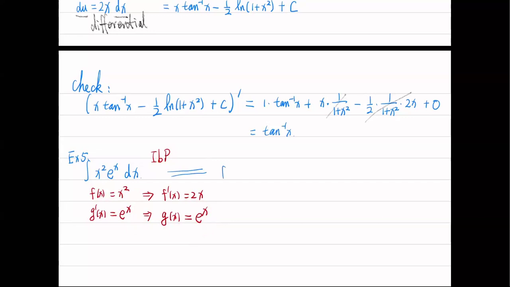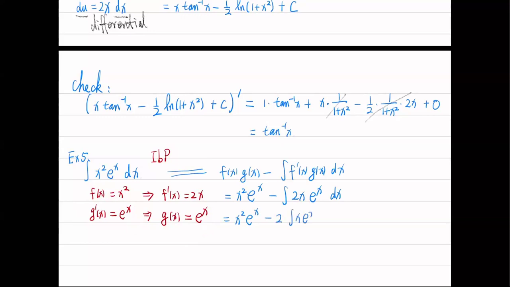It will be f(x)g(x) minus the integral of f'(x)g(x), which is x squared e to the x minus the integral of 2x e to the x dx. And this is something we have done before.